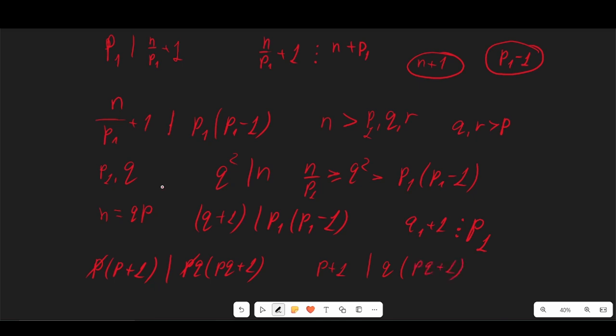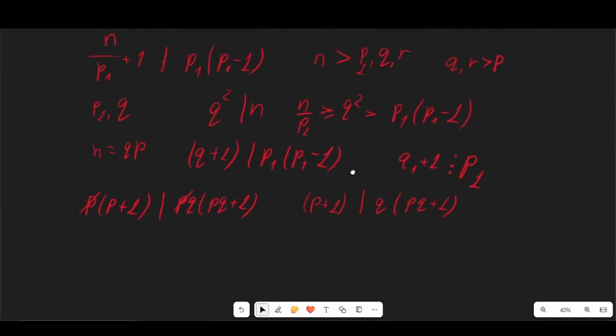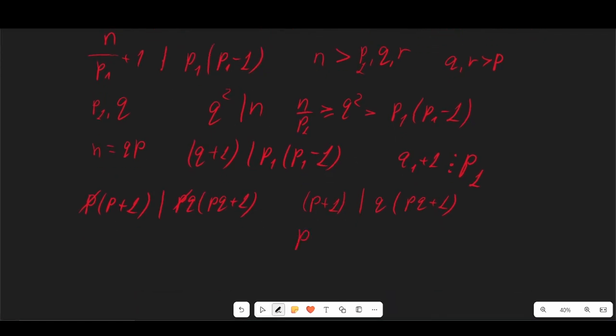But we know that p plus 1 cannot divide q, because q is a prime number and p plus 1 is less than q. Equality cannot hold if we don't consider the cases 2 and 3. And this case can be eliminated very easily. So p plus 1 divides pq plus 1.